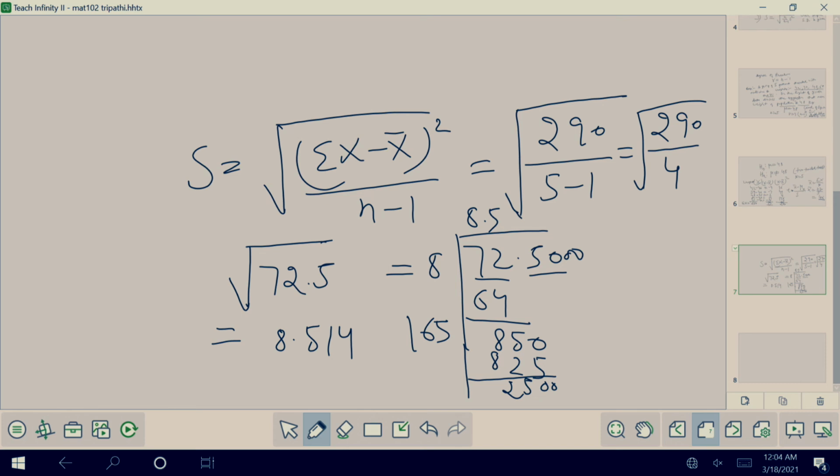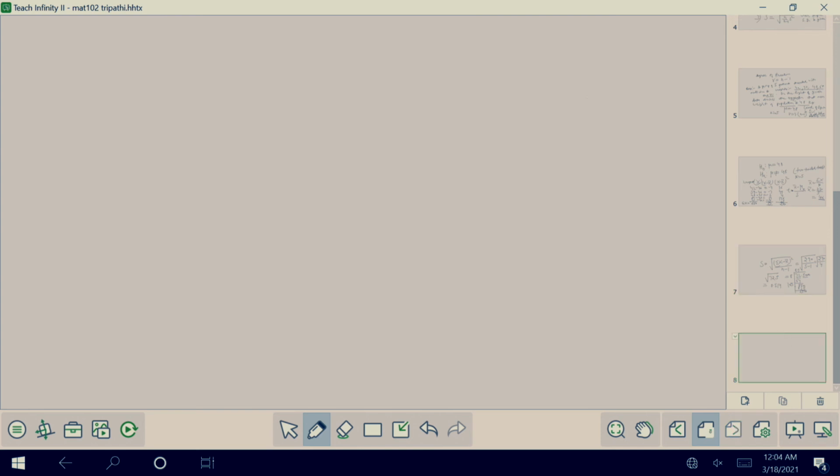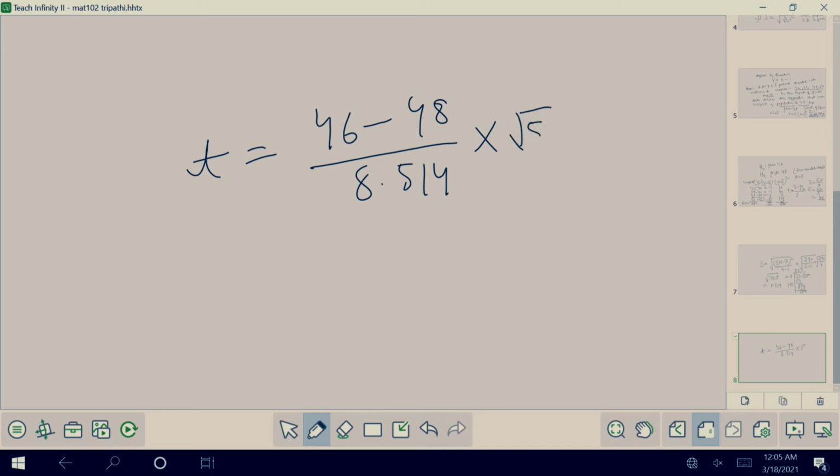Now we will put all the values in the formula. So now x bar is 46, mu is 48, and the value of S is 8.514 into under root n. Now we have to ignore the sign of minus and plus, and you can put mod here.